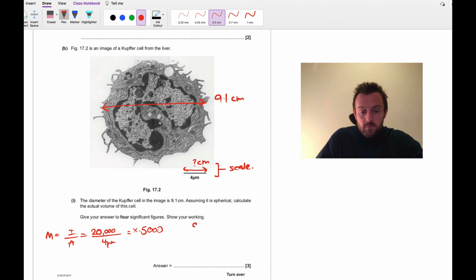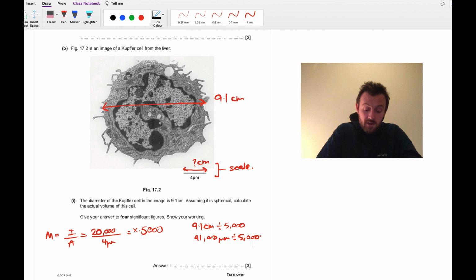And then I could work out what this value is. So 9.1 centimeters, which is 91,000 micrometers, divided by 5,000. So 91 divided by 5 essentially. 91 divided by 5 equals 18.2.